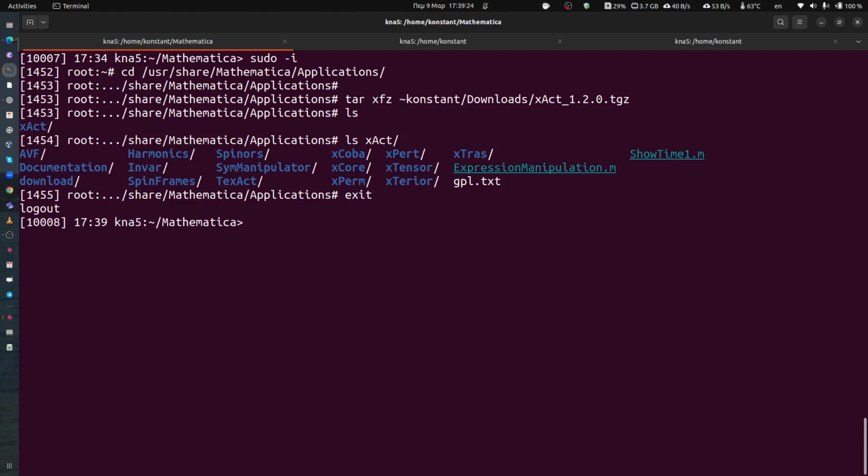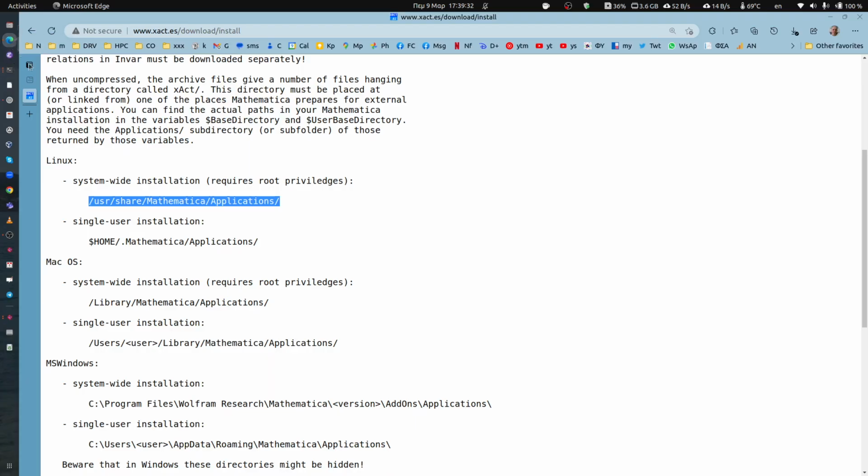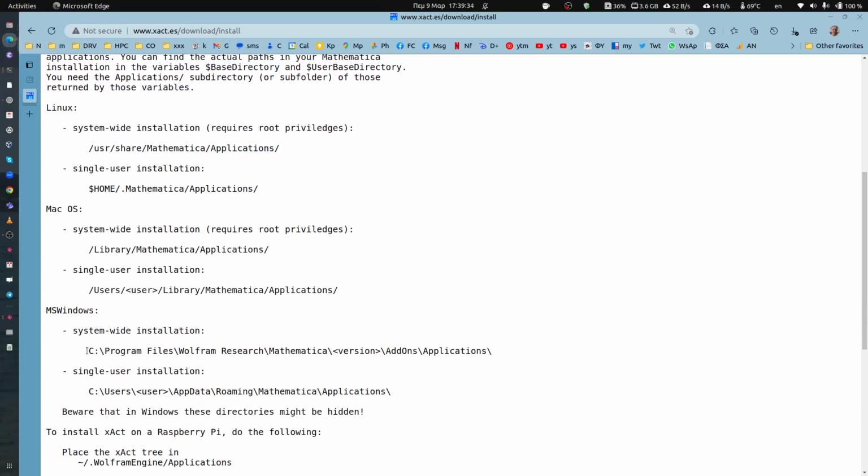And if you have Windows, you just have to take the zip file and unzip it in the place that is mentioned here in the instructions. Just make sure that you put the version of Mathematica that you're using here, whether it's 13 or some older one, or if you're watching the video many years from now, higher than 13.